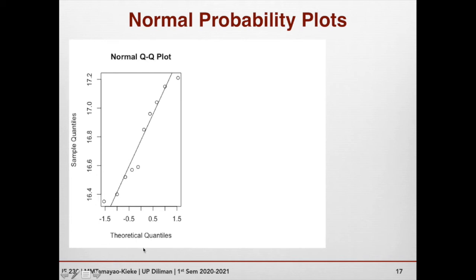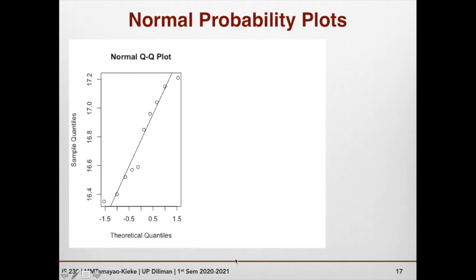On your own, if you don't know yet, find out how a normal probability plot is made. Of course, you can generate the normal probability plots using your preferred statistical software such as Minitab or R.